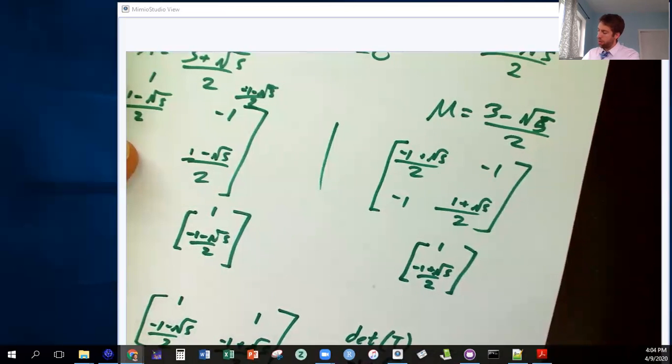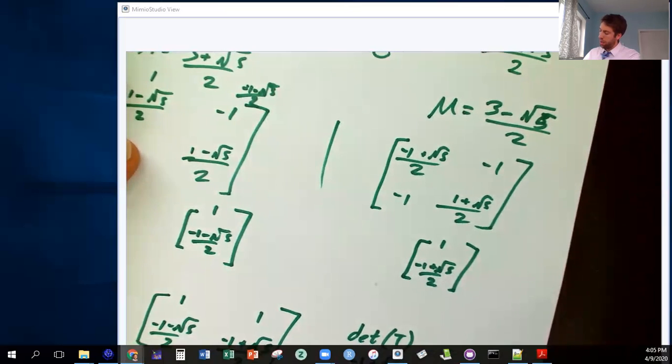So -5 to the -1/2 times, plus 1, square root of 5 divided by square root of 5 is 1, all over 2, and then negative, this is going to be square root of 5 over 5, and this is going to be similarly 5 to the -1/2 times plus 1 all over 2, and positive square root of 5 over 5.